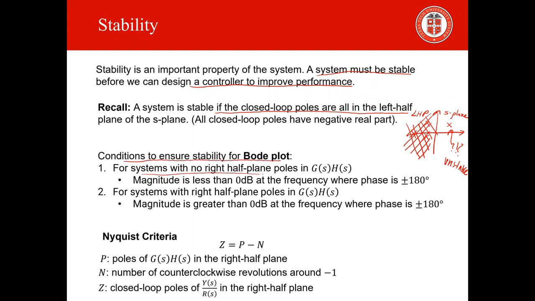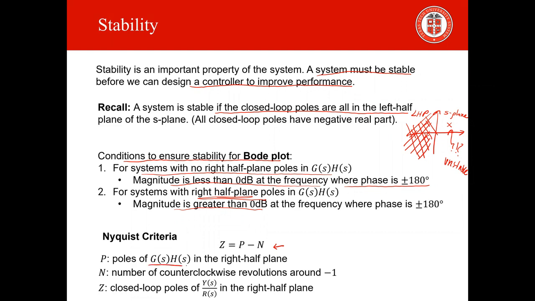We talked about these conditions for the Bode plot. For systems with no right half plane poles, the magnitude is less than 0 decibels where the phase is at plus or minus 180 degrees. And it's the opposite if there are right half plane poles: for the system to be stable, it has to be greater than 0 dB. Then in part 1, we talked about the Nyquist criterion.